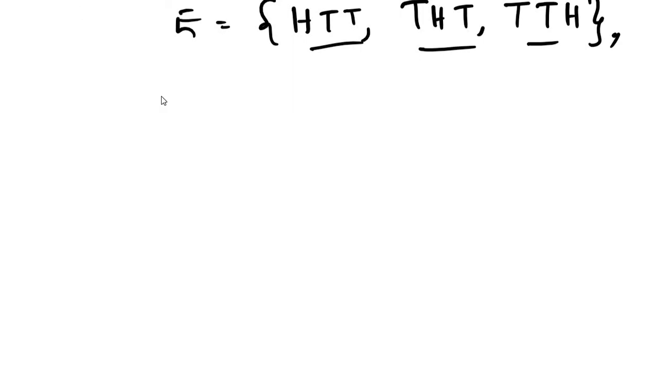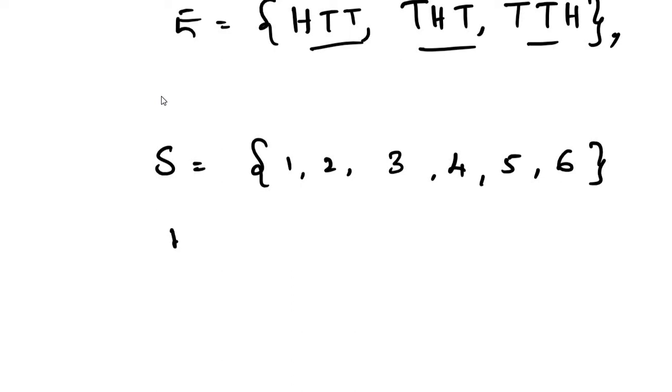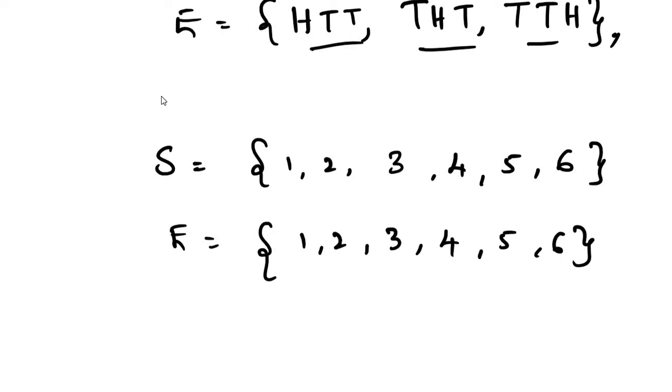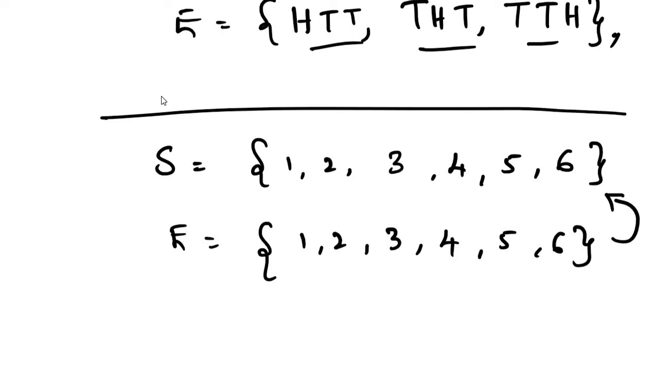So suppose the sample space is like this: 1, 2, 3, 4, 5, 6, and the event E is given like this: 1, 2, 3, 4, 5, 6. It is exactly matching with the sample space. In this condition, what do we call it? Please comment your answer in the comment section.